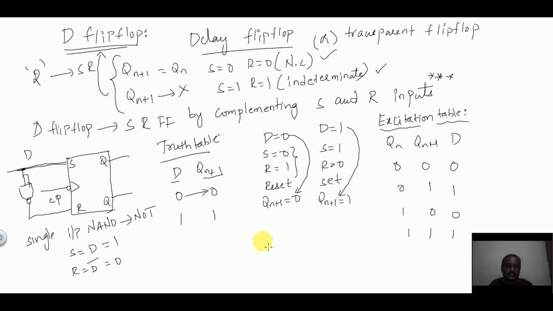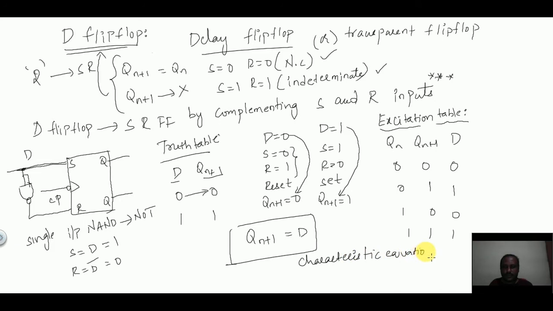Since D is equal to Qn plus 1, the characteristic equation is the same: Qn plus 1 is equal to D is the characteristic equation of D flip-flop. So this is the excitation table, this is the truth table, and this is the characteristic equation of D flip-flop.